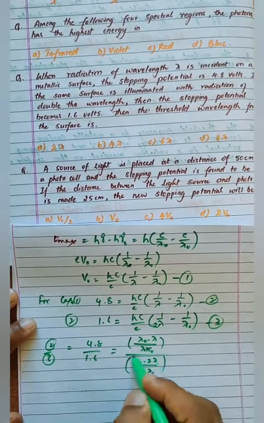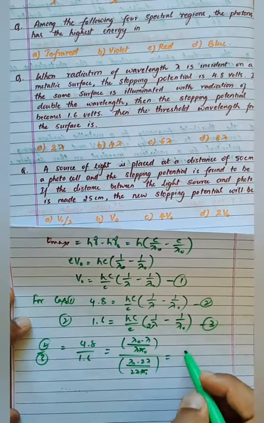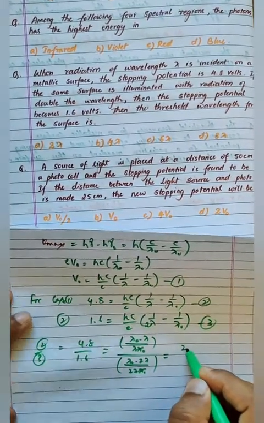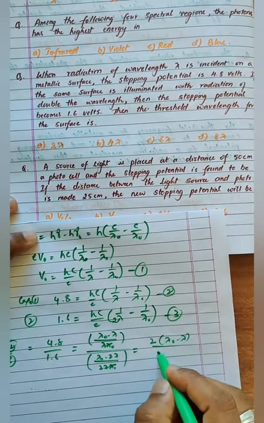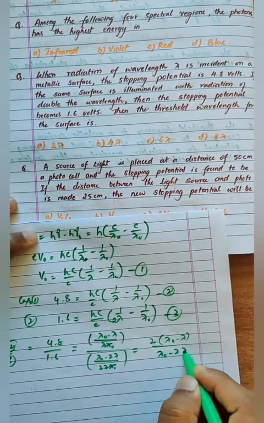These things get cancelled and finally we remain with 2 into (lambda naught minus lambda) divided by (lambda naught minus 2 lambda), correct?